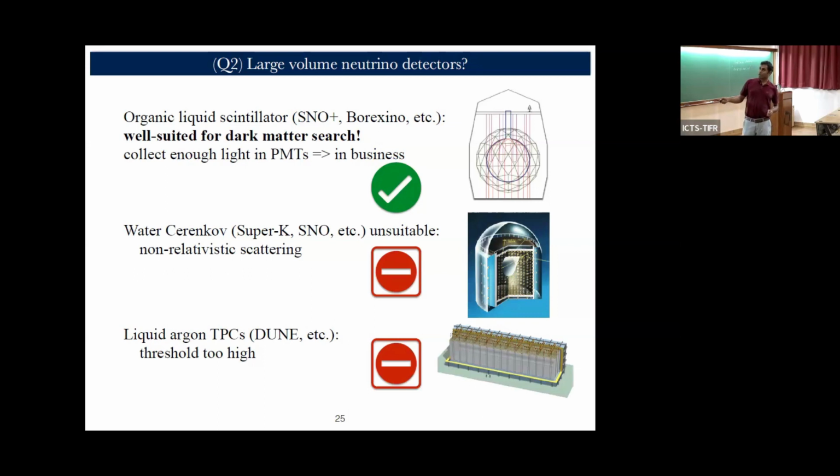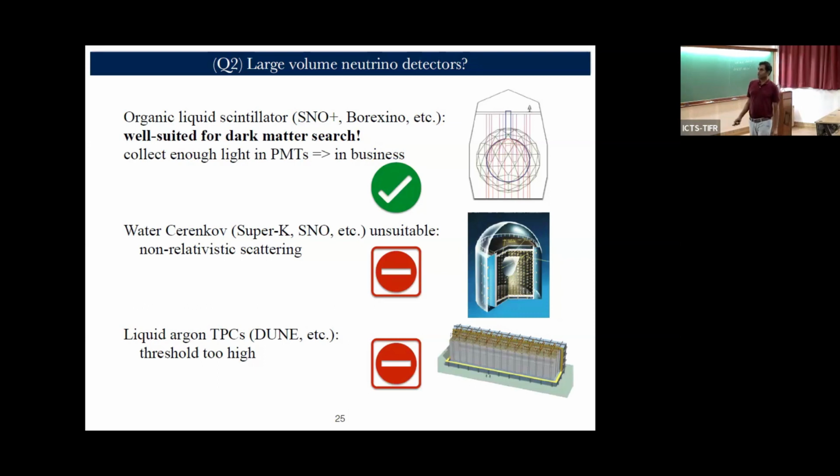On the other hand, detectors that use water Cherenkov technology, like Super-K or the erstwhile SNO experiment, could not do this because dark matter is streaming in at non-relativistic speeds. It is not going to trigger the target particles above the speed of light in the medium, so we're not going to get Cherenkov signals.